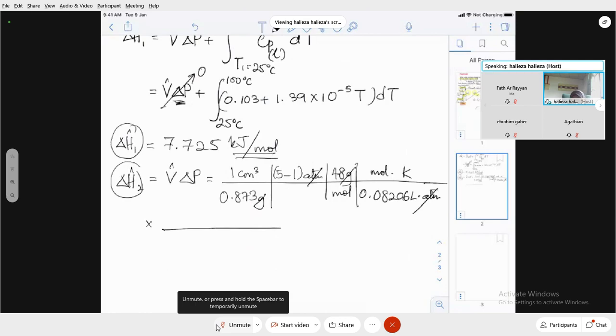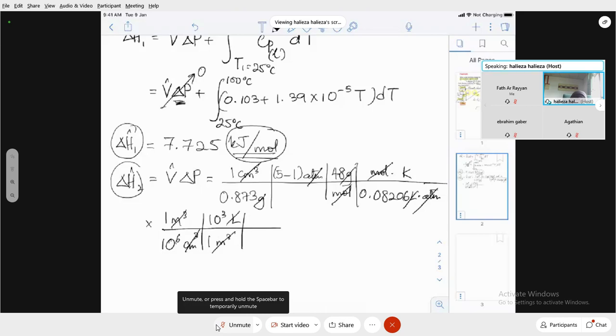Using the conversion factor from the front page of your textbook, I change centimeter cubed to 1 meter cubed first, and then from 1 meter cubed to liter. Now I cancel the liter and the meter cubed. Mole cancels mole. Still, I don't have the unit that I want, which is kilojoules per mole.